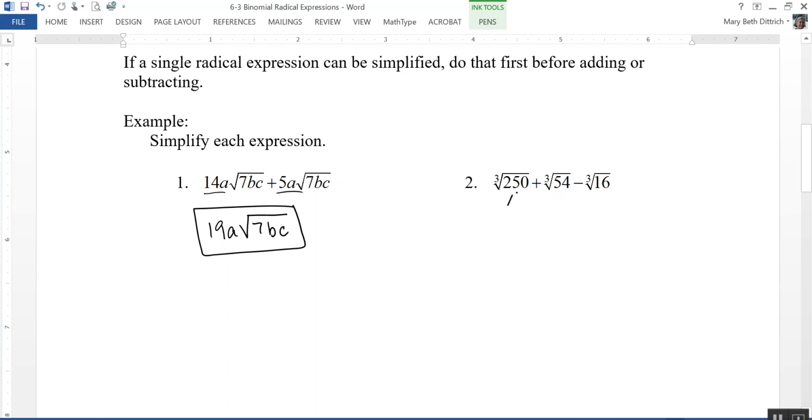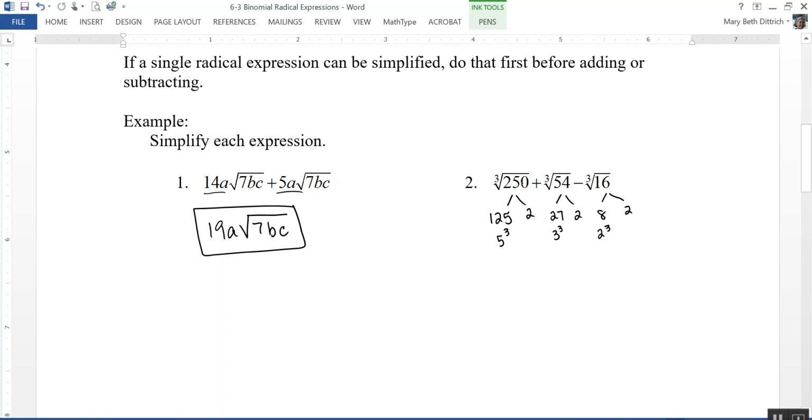For 250, it's going to be 125, which is 5 to the third power, and 2. For 54, it's going to be 27, which is 3 to the third power, and 2. And 16 is 8 times 2, and 8 is 2 to the third power.